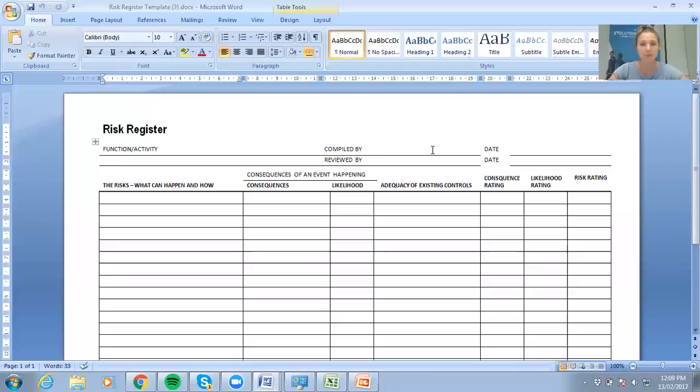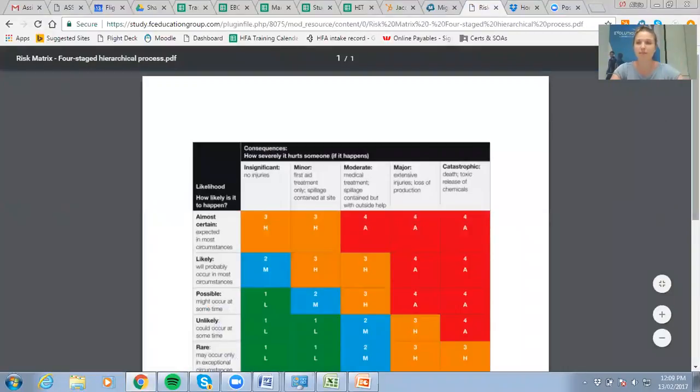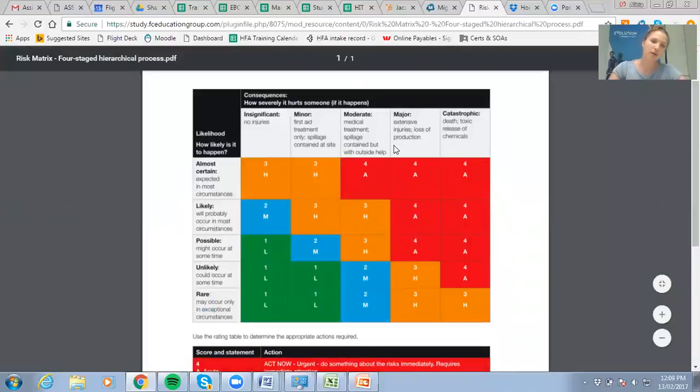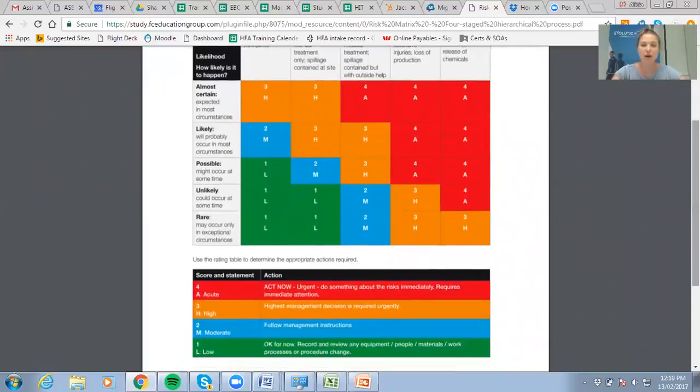Okay. Then your risk rating, you need to put a risk rating score in the final column, and I'm going to bring up the matrix that you need to look at for this. It's in your attachments. So a risk rating score is a number and a letter associated with one of these boxes. Okay, so is it 1L telling us that it's quite low? Is it 2 for moderate, needing a little bit of follow-up?